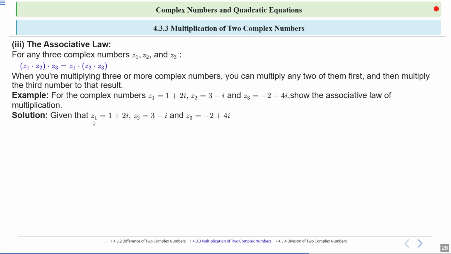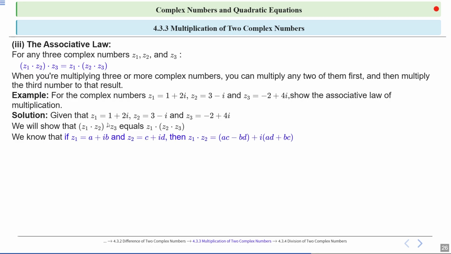So let's see the solution. Given that z1 equals 1 plus 2 iota, z2 equals 3 minus iota and z3 equals minus 2 plus 4 times iota. We will show that z1 times z2 multiplied with z3 equals z1 multiplied with z2 times z3. We know that if z1 equals a plus iota b and z2 equals c plus iota d, then z1 times z2 equals ac minus bd plus iota times ad plus bc.